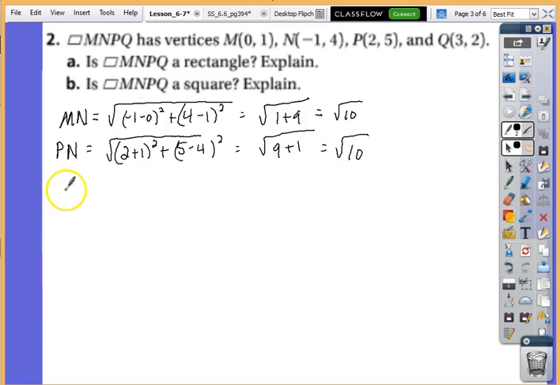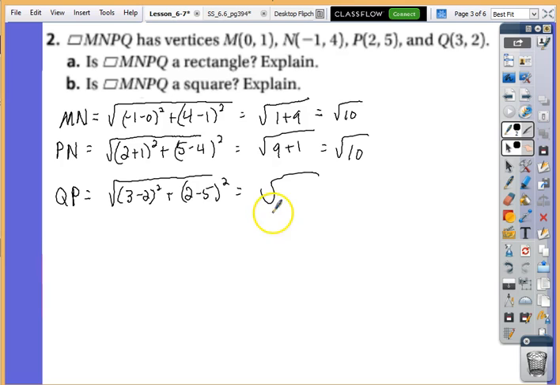So it looks like all the sides are probably going to wind up being the same length. Let's see if I'm right there. QP is equal to the square root of (3 minus 2) squared plus (2 minus 5) squared. So that's the square root of 1 squared is 1, -3 squared is 9, 1 plus 9 is once again 10.